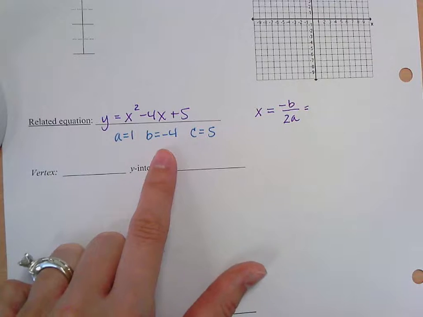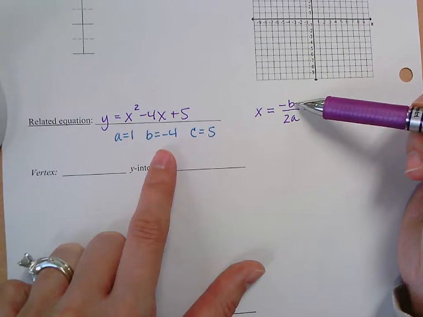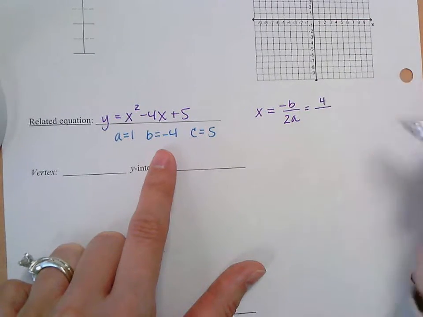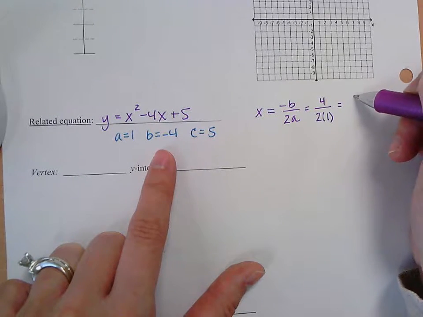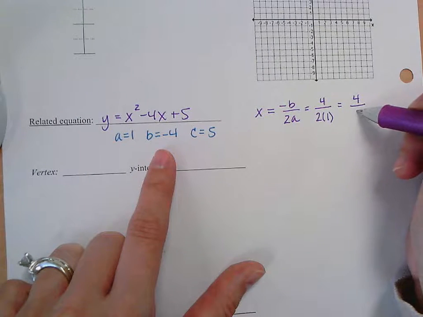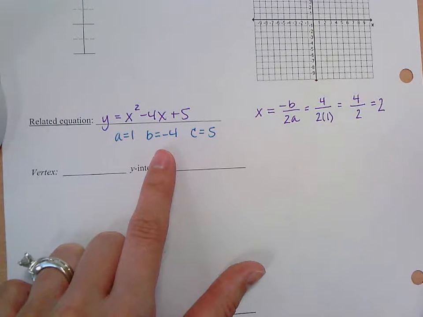B is -4. Opposite of -4 is positive 4, over 2 times A is 1. So I have 4 over 2 times 1 is 2. 4 divided by 2 is 2.